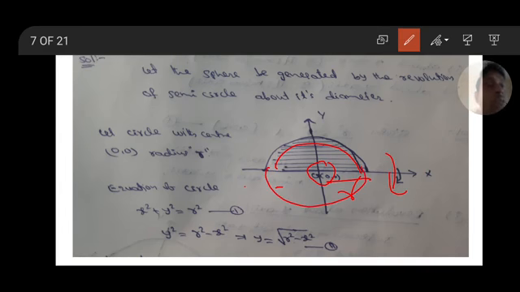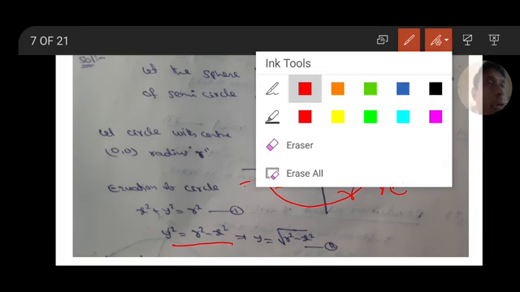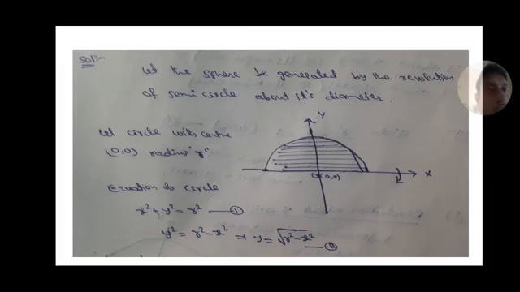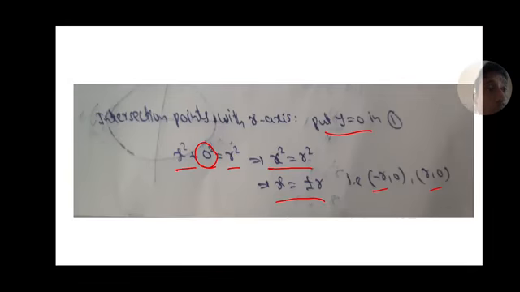The volume formula revolving about the x-axis is the integration from a to b of pi y square dx. Here y square comes from the equation and the limits are minus r to plus r, the intersection points with the x-axis. Substituting in the integration and simplifying, we get the answer as 4 by 3 pi r cube. It is the volume of the sphere.